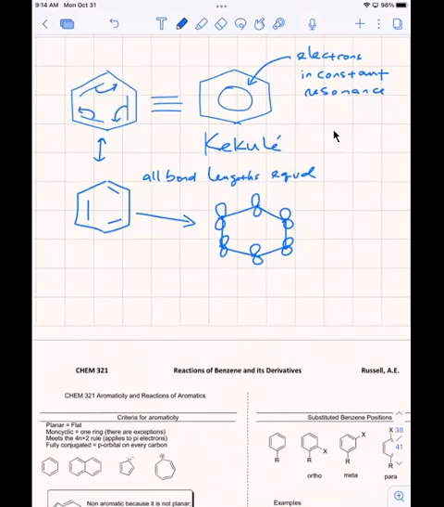And how do we determine the number of molecular orbitals that are possible for a given pi system? Is it 6 orbitals? Yes.